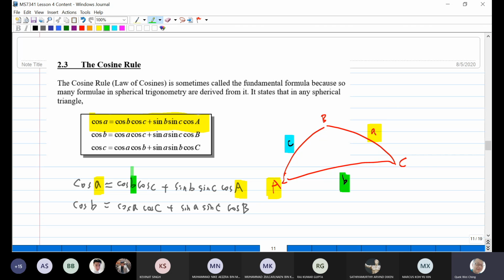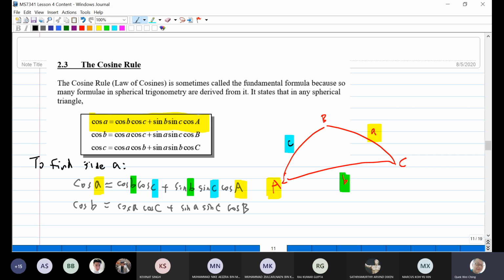Cosine of B, sine of B, then cosine of C, sine of C. This is how everything tallies. So what is this formula for? It is to find side A. You can use it to find side A.